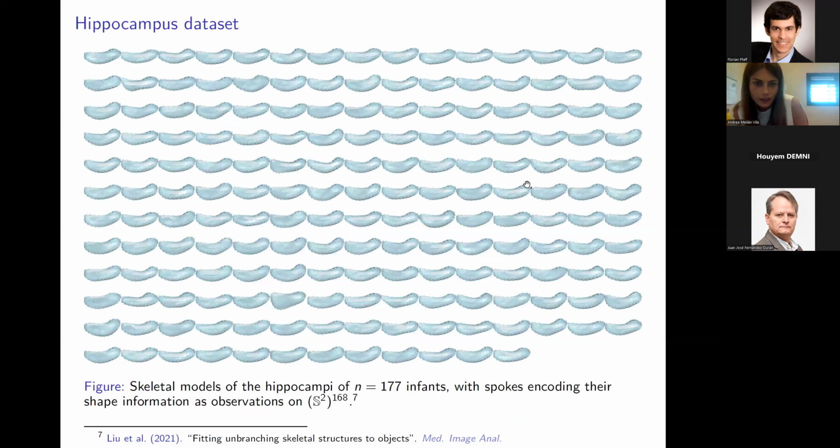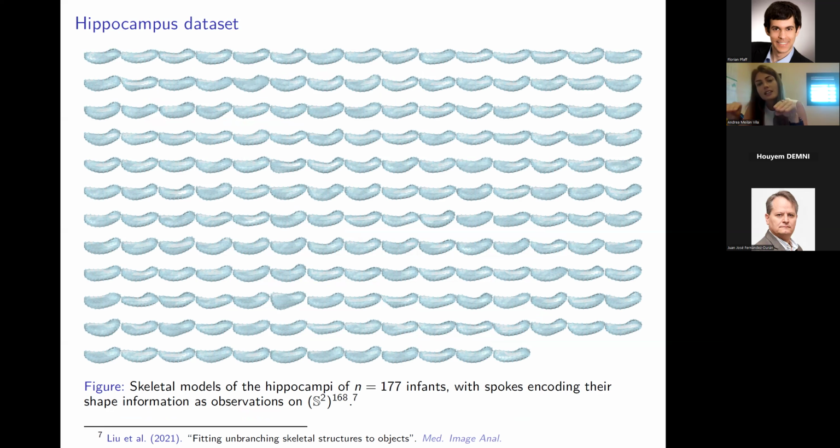Here we have the data set related with this hippocampus, where we have 177 subjects. As you can see, the shape of this hippocampus is different, but the skeleton is very similar.